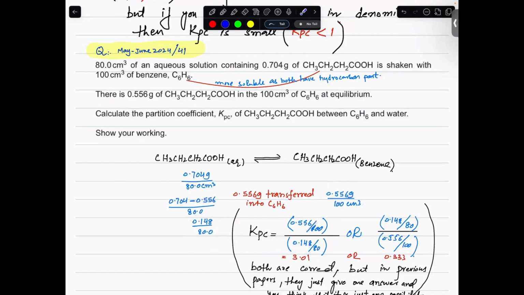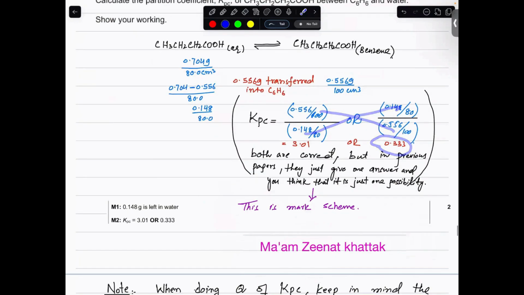And if I put this in the numerator, this in the denominator, I get this. Both are correct, but in past papers, they just give one answer, and you people think that that is the only possibility, which is not the case.